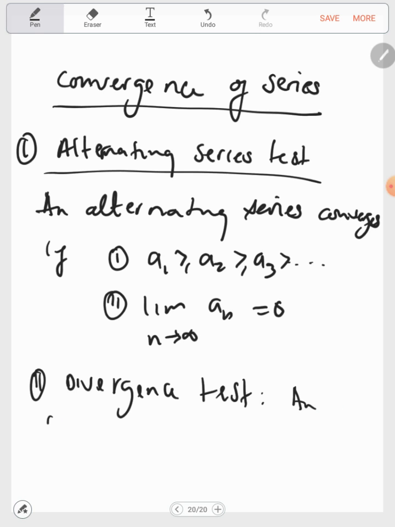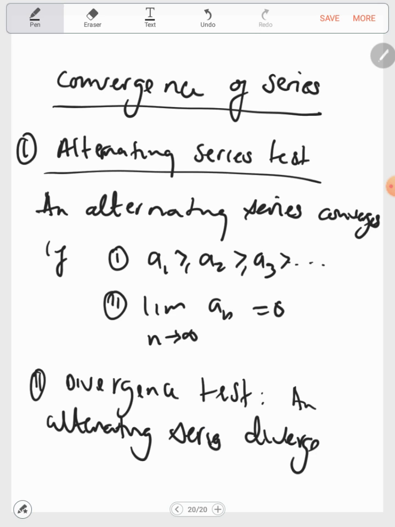An alternating series diverges if the limit as n goes to infinity of an is not equal to 0. So if the limit of an alternating series is not 0, then it is said to diverge. If it's 0 and it is also decreasing, then it is said to converge.